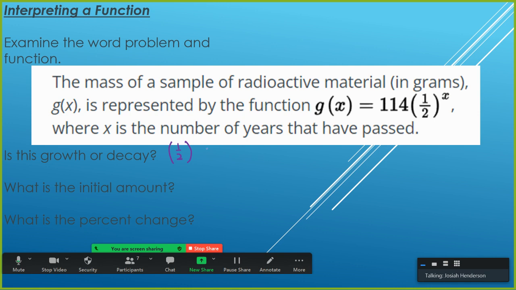If this is greater than 1, it's growth, just like we saw last week with our different exponential functions. Or if this is between 0 and 1, it's decay.